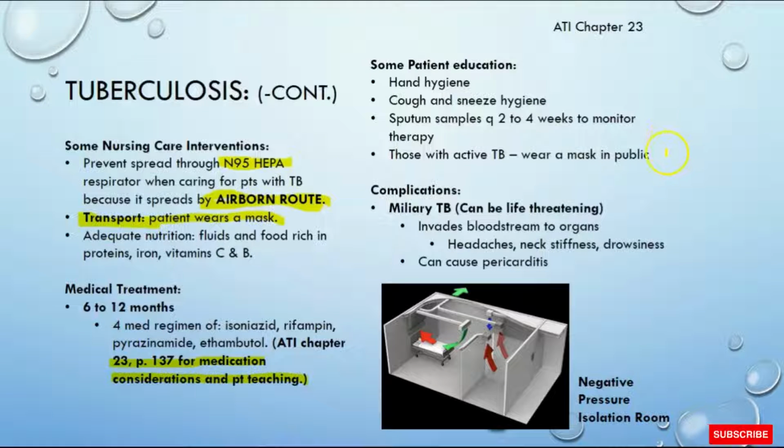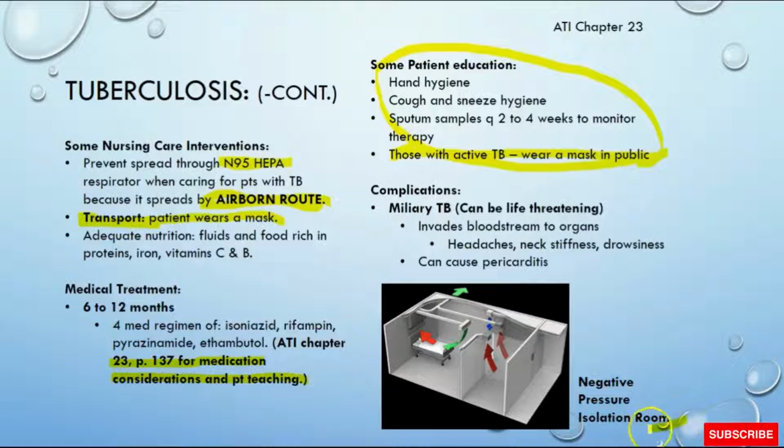But some things that are important are, because here again, it's airborne route, hand hygiene, cough and sneeze hygiene. Sputum samples need to be taken every 2 to 4 weeks to monitor therapy. Those with active TB need to wear a mask in public, which is kind of scary.